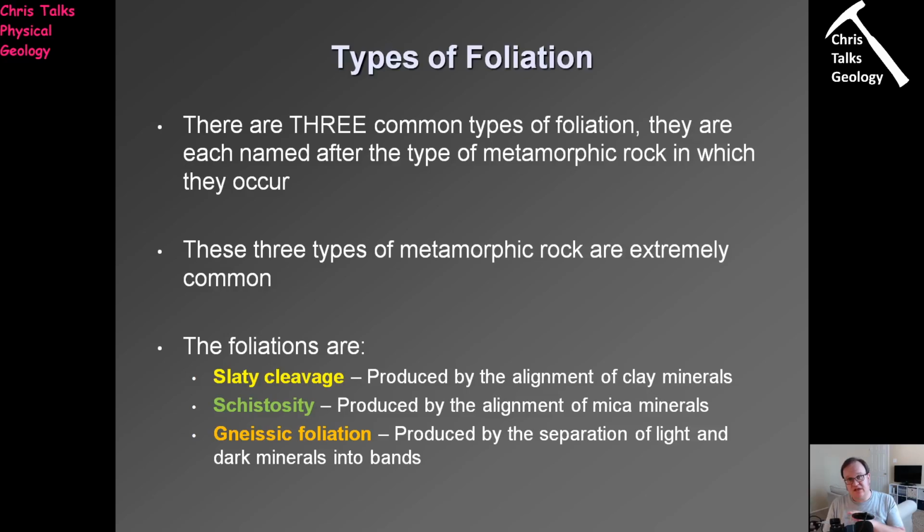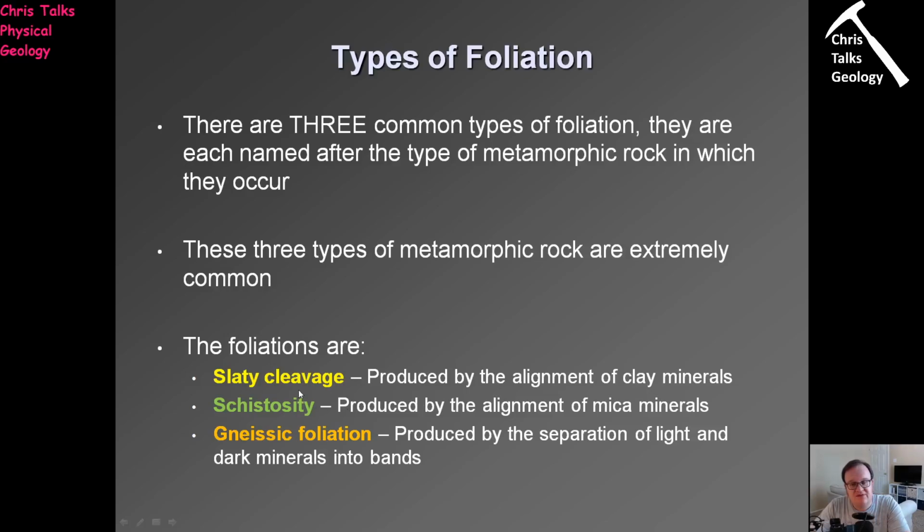Now the thing is because the rock is under pressure as it's recrystallizing, as the mica crystals grow, they all grow parallel to each other at 90 degrees to the direction in which the rock is being compressed. Okay, so during recrystallization, the mica crystals all grow parallel to each other due to the fact the rock is being compressed.